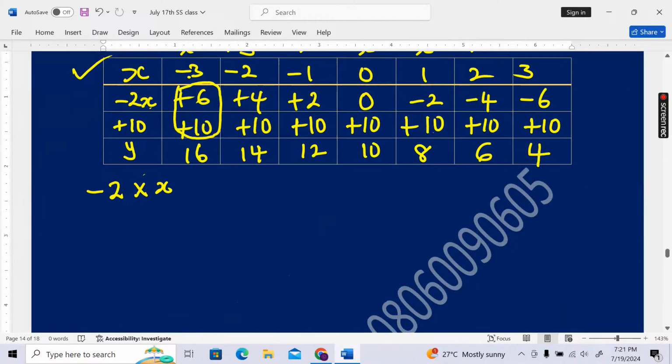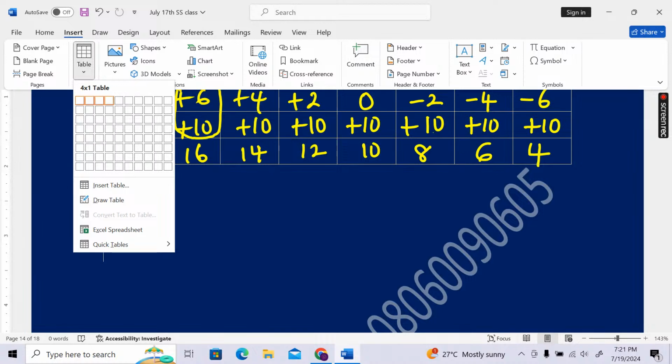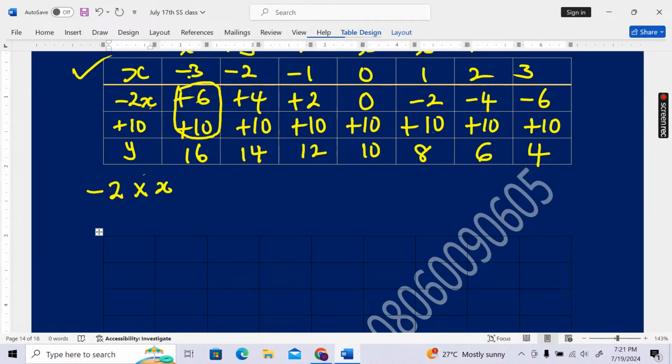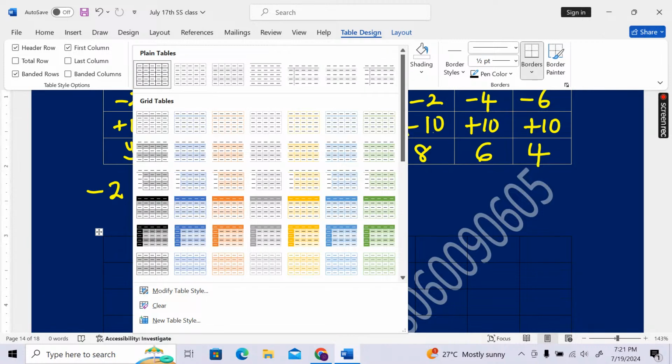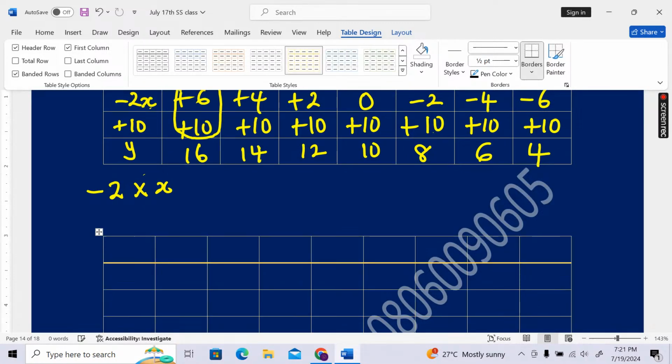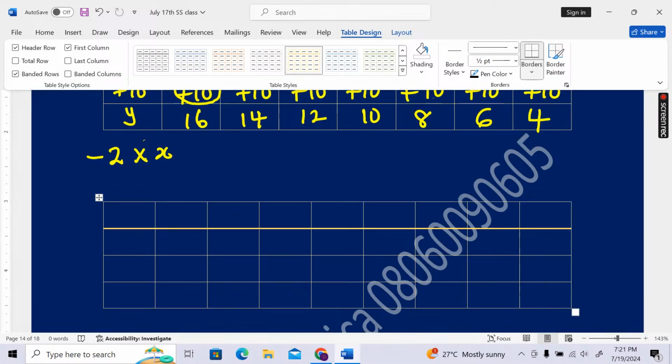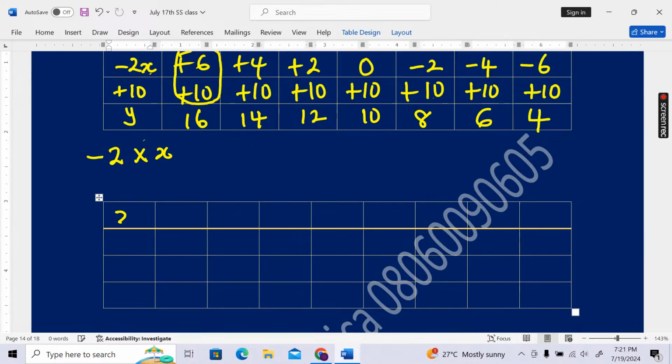Now, let's draw the table of values for the second equation. Now we have the values of x ranging from minus 3 to plus 3.